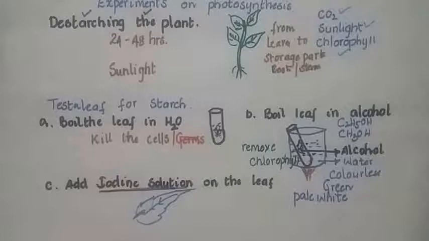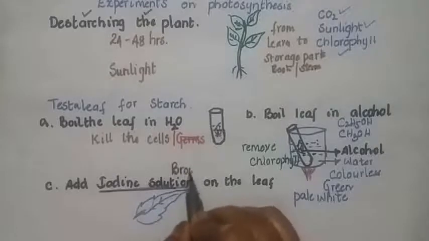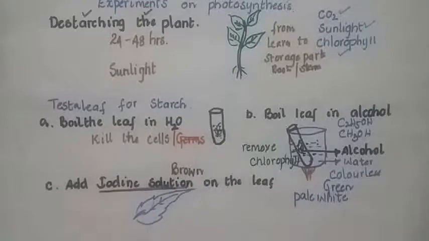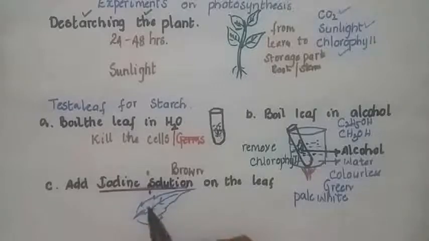So when you add the iodine solution, let me tell you, the color of iodine solution is brown. Right? So when you add the iodine solution on the leaf, if there is no starch in that particular part of a leaf, what happens? It remains brown.